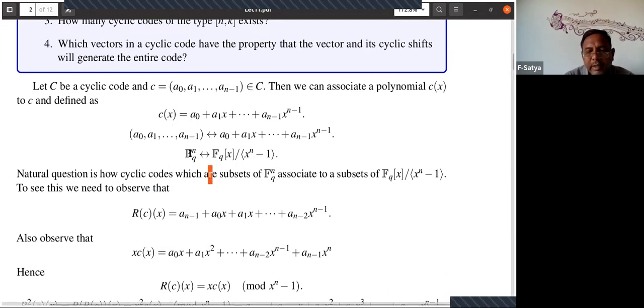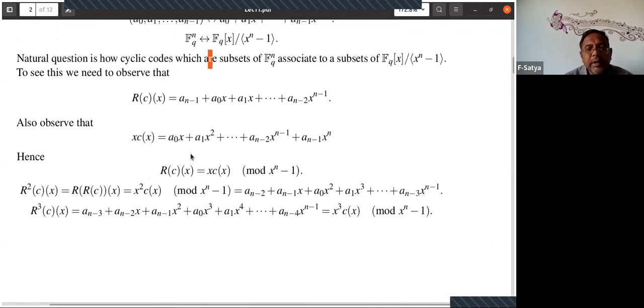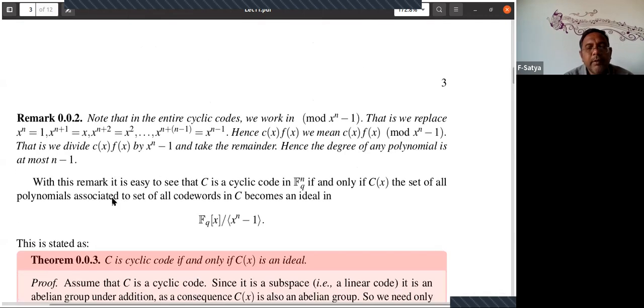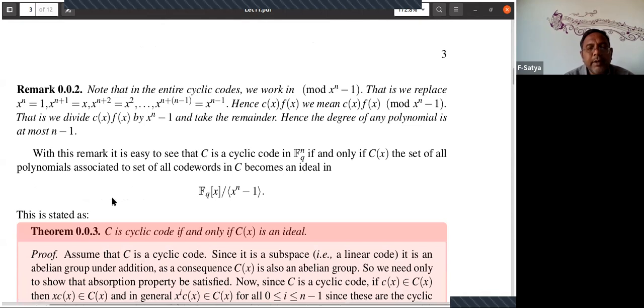Because of that, we can think of a cyclic code as an element in Fq[x] quotient x power n minus 1. Amya, are you here?